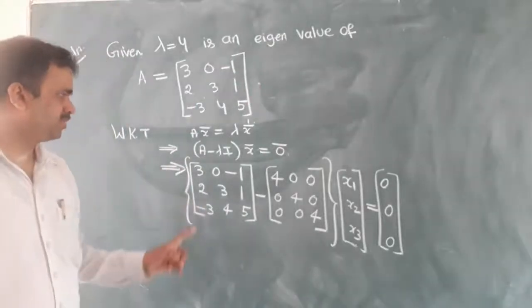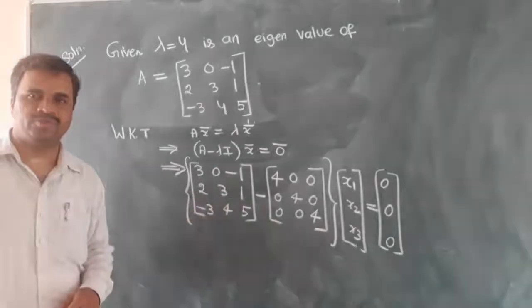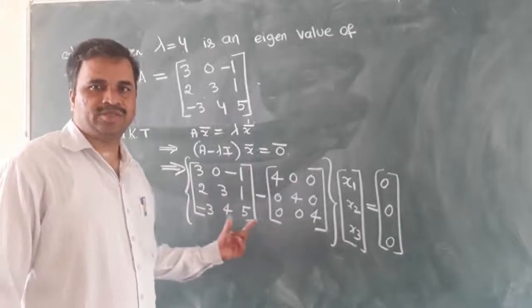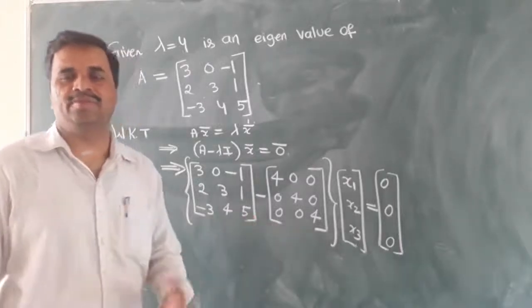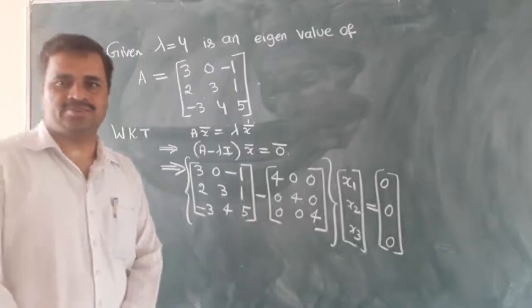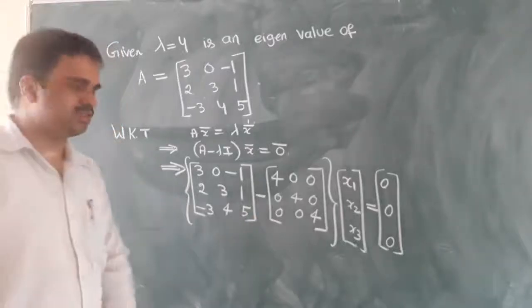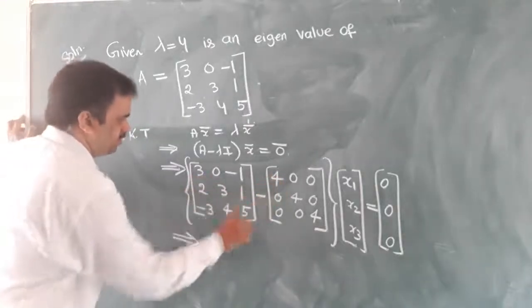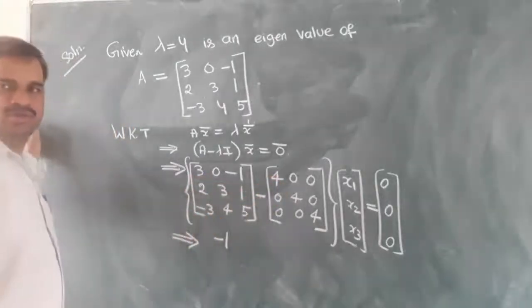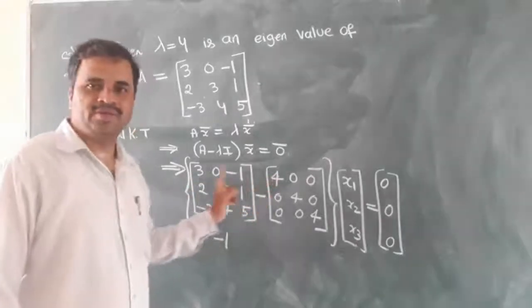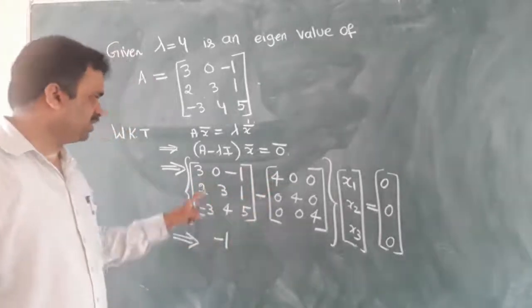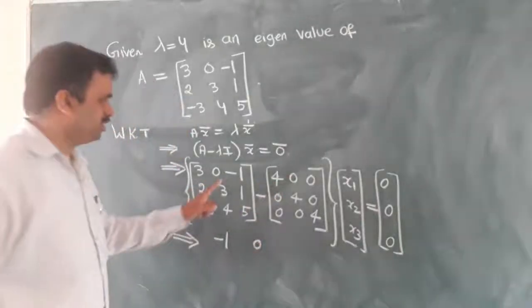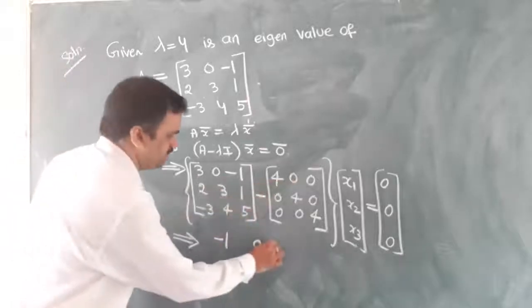Let's copy it: (A minus lambda I) x bar equal to 0. Simplify it; we do subtraction of these two matrices, simply subtracting corresponding entries. First row: 3 minus 4 is minus 1, 0 minus 0 is 0, minus 1 minus 0 is minus 1.